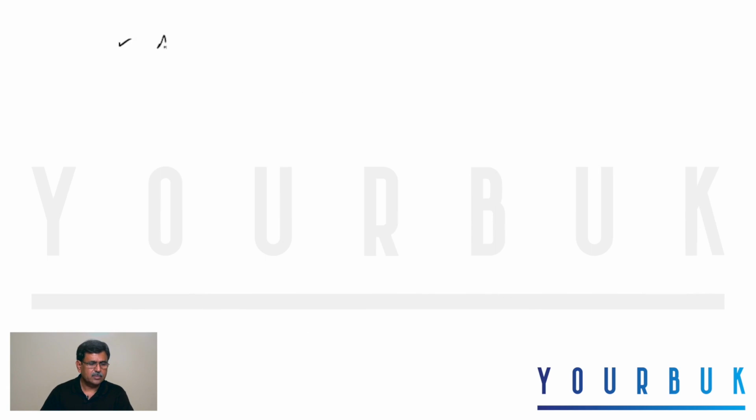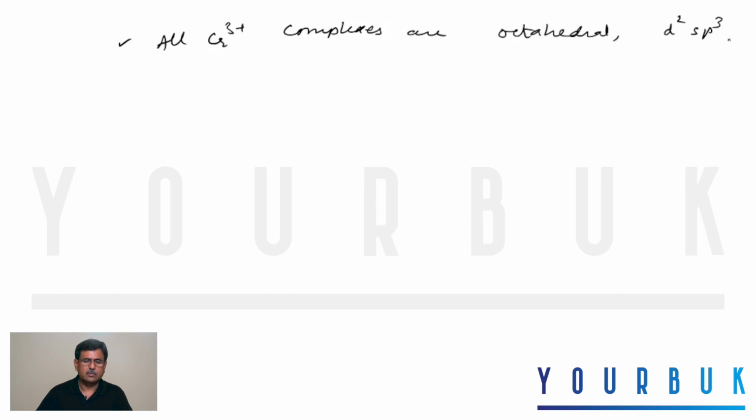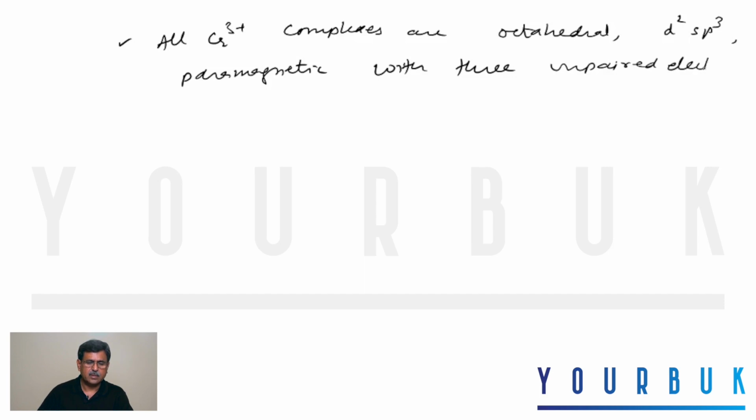So all chromium 3+ complexes are octahedral, d2sp3 hybridization, paramagnetic with 3 unpaired electrons, irrespective of the ligand present.